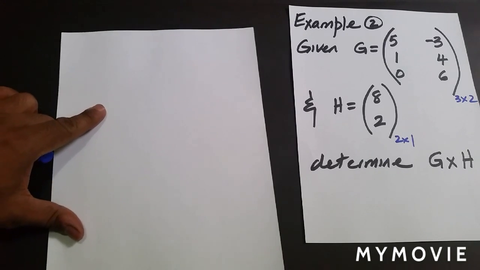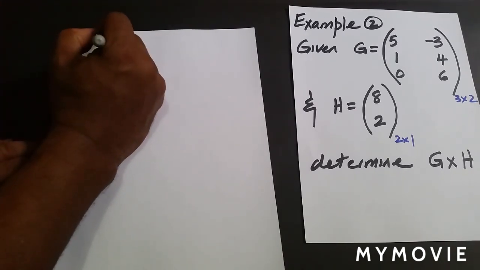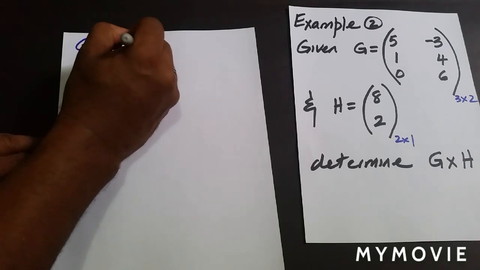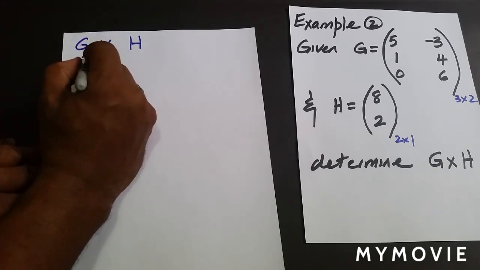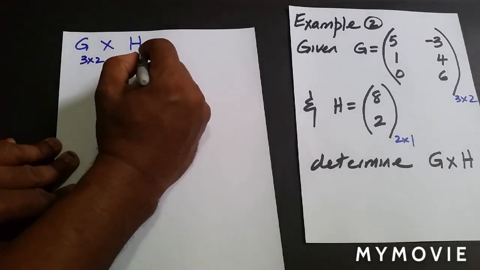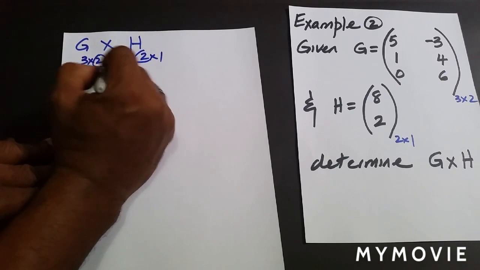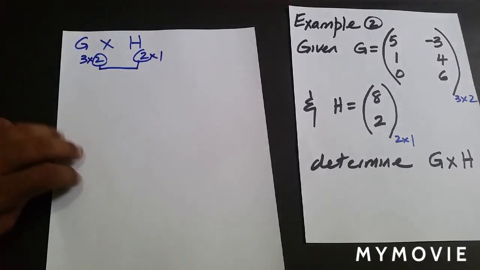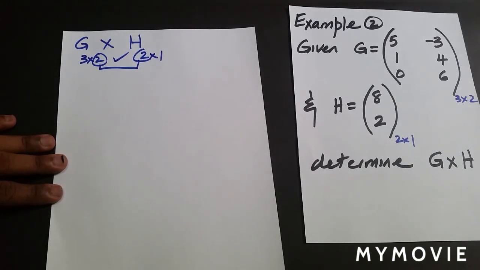All right. So we're trying to multiply G by H. And again, the order of matrix G is 3 by 2. The order of matrix H is 2 by 1. What do the inner numbers tell you again? The inner numbers tell you that if they're the same, multiplication is good to happen.